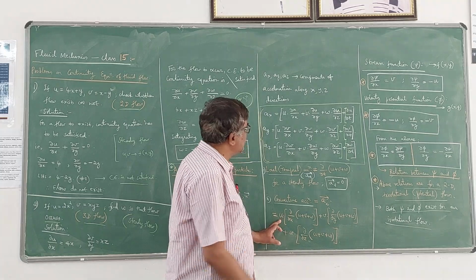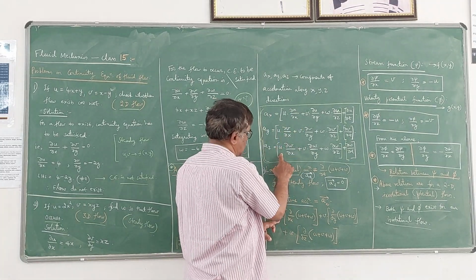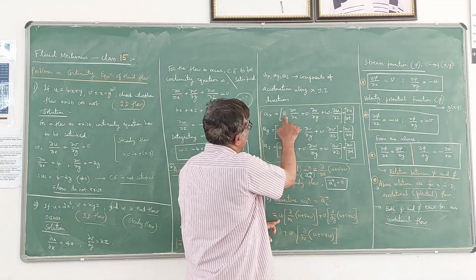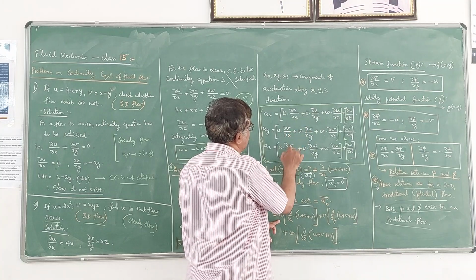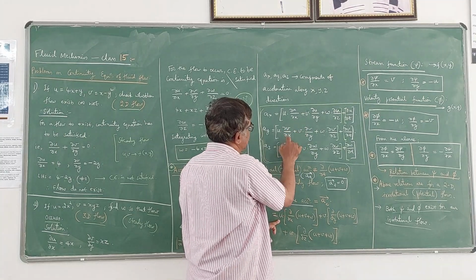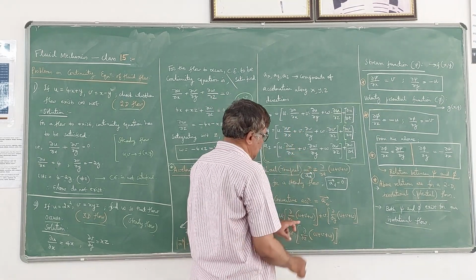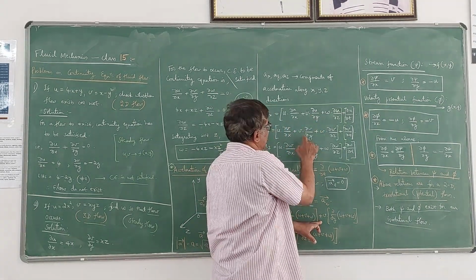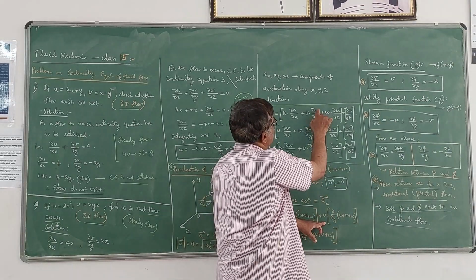You can see here, if we add all these three, u is common in these three. So I can take u outside, u into dou by dou x of u plus v plus w. Similarly, in the second terms, v is common, into dou by dou y of u plus v plus w.